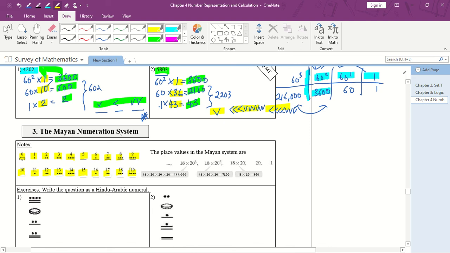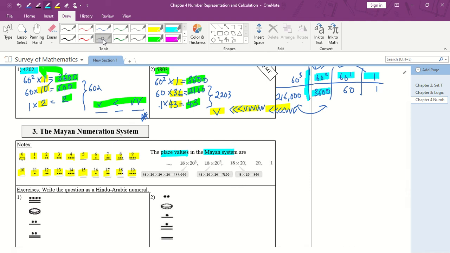You might ask, why is it only until 19? How about 20? Then you need to know again, there is something called place values here in this Mayan system too. But it is kind of different from what we have learned. When we are learning, we know it is always the same thing, like 10, then 10 to the power of 2, 10 to the power of 3, or in base 60, you have 1, 60, 60 squared, 60 cubed.